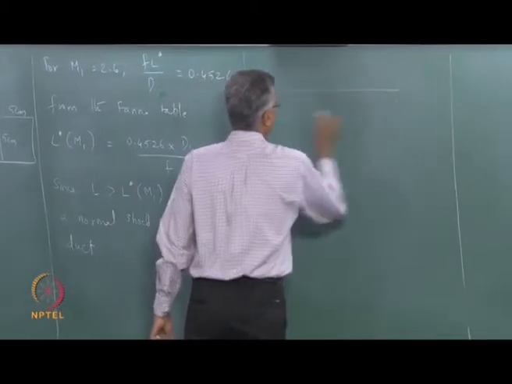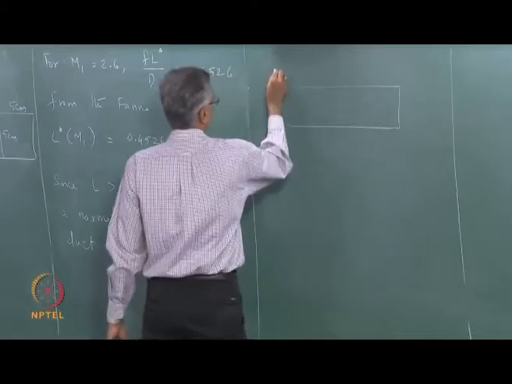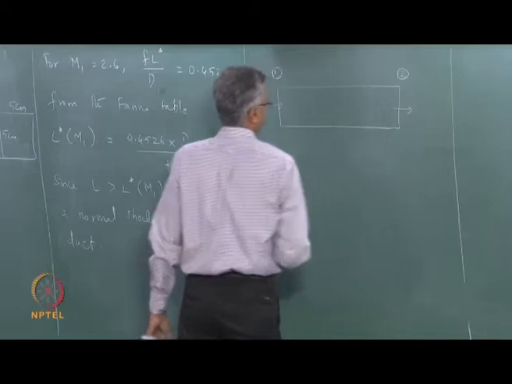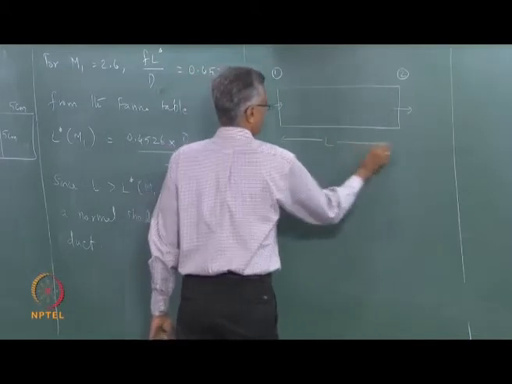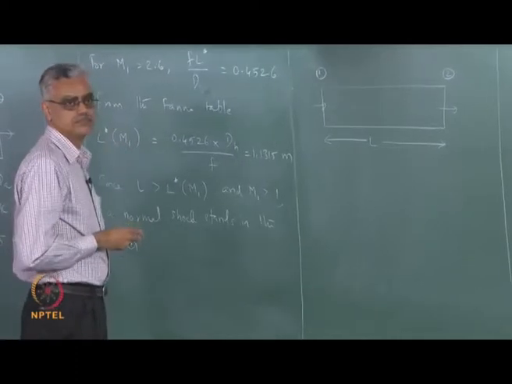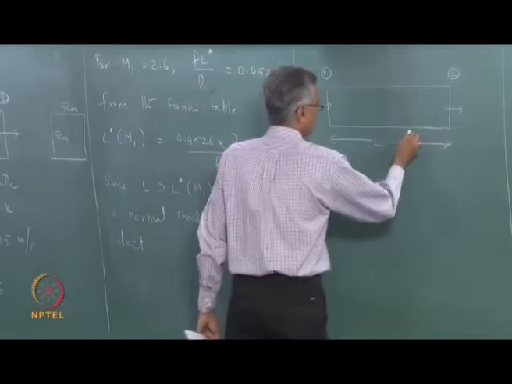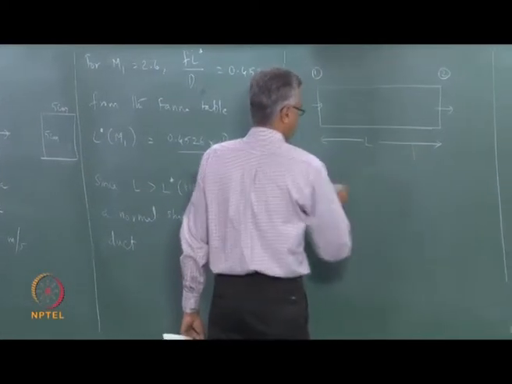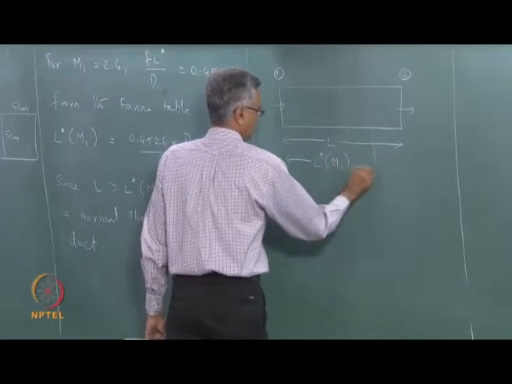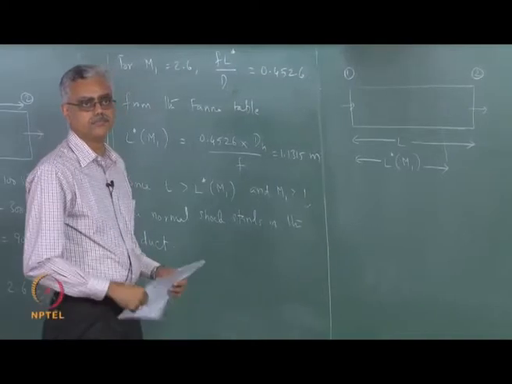Okay. So, we have a duct. So, this is state 1, this is state 2, this is L. Okay. Now, let us say this is L star corresponding to M1, right.